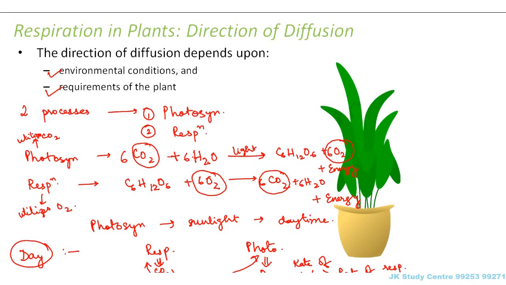Let us suppose if one process of respiration takes place, by that time 2-3 processes of photosynthesis have taken place. As the process happens faster, more of the product will be released. So if the rate of photosynthesis is greater than the rate of respiration, the oxygen released would be more than carbon dioxide. Therefore, net production of oxygen is more.